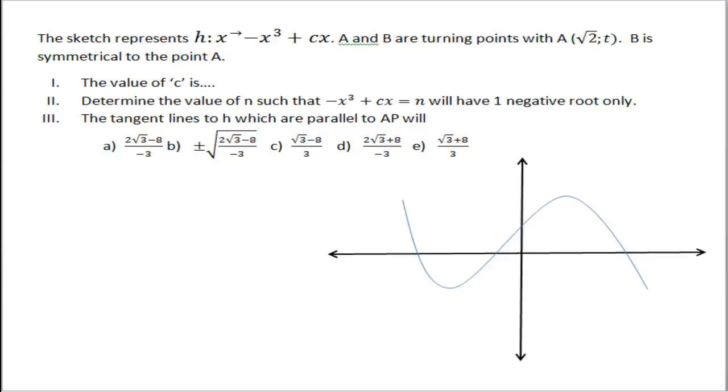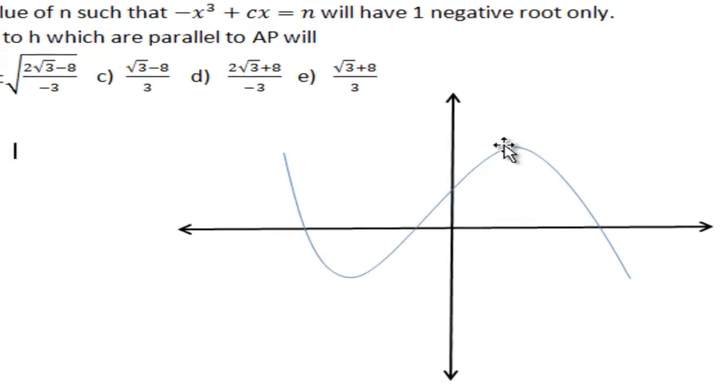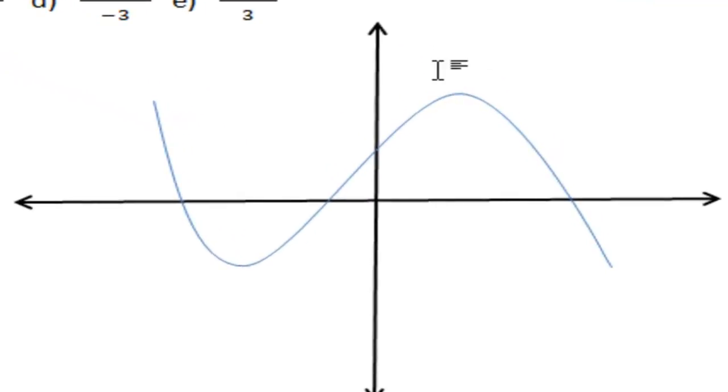This problem is G6, and again on calculus. The sketch is given as minus x cubed plus cx. A and B are the turning points, and I just need to put these turning points in there.